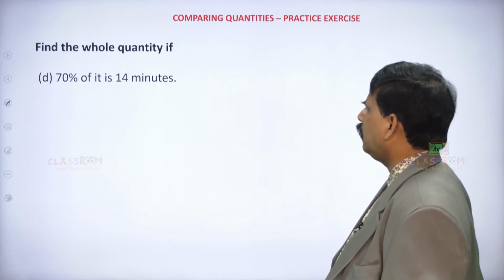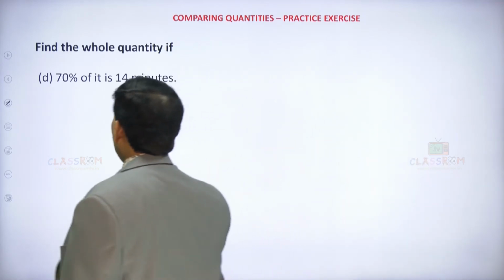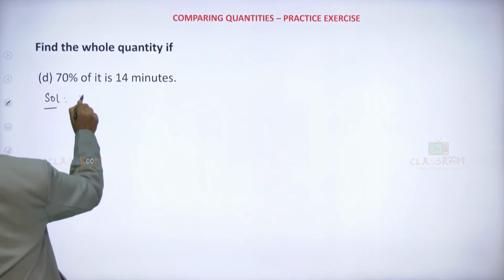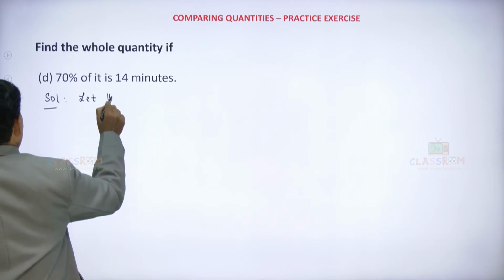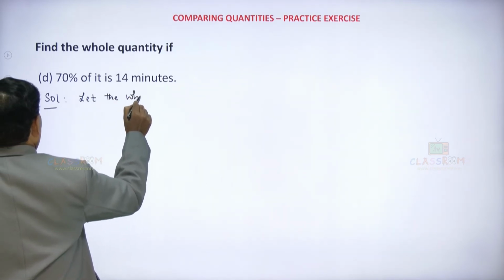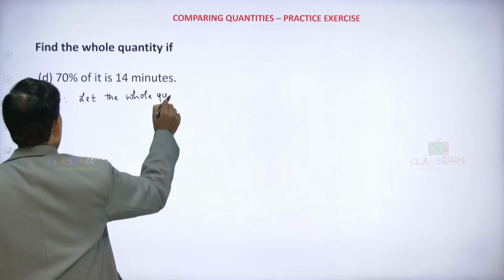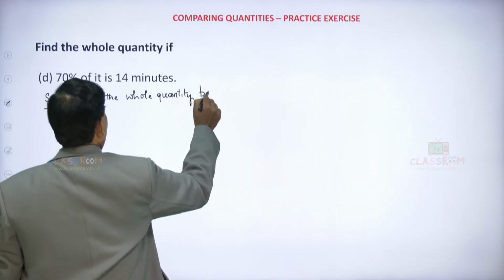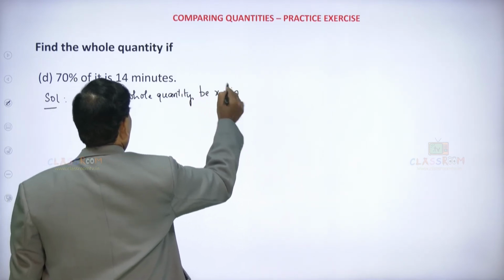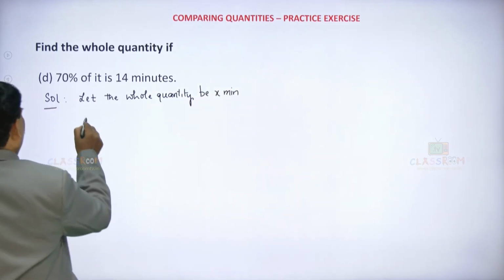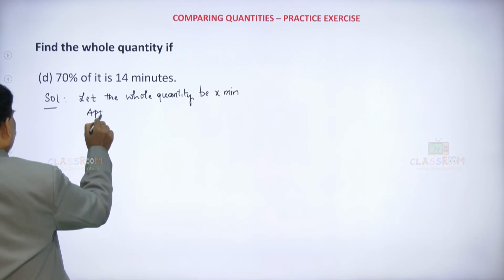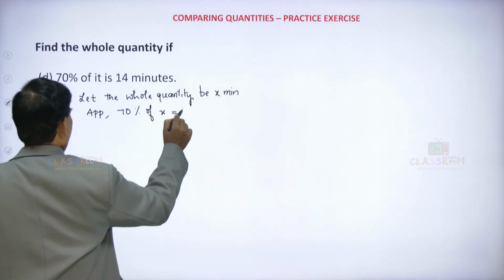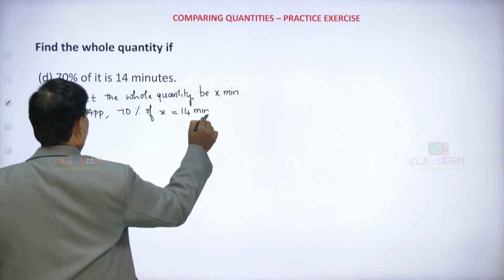70% of it is 14 minutes. So let the whole quantity be x minutes. So as per the problem, 70% of x is 14 minutes.